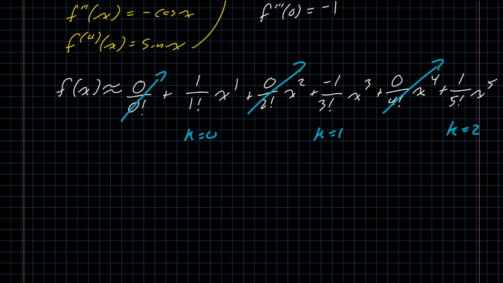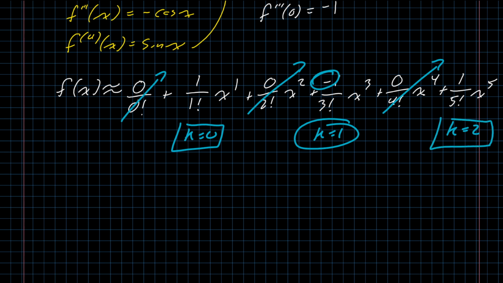Well, that gives us something to do about the negatives. Because when this k is odd, we have a negative coefficient. And when this k is even, we have positive coefficients. That's something that's really easy to work with.